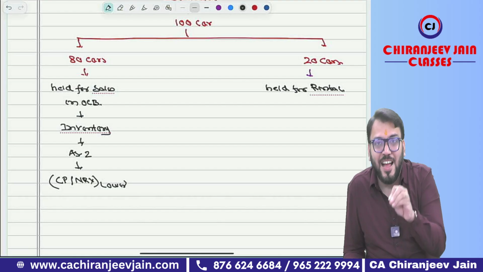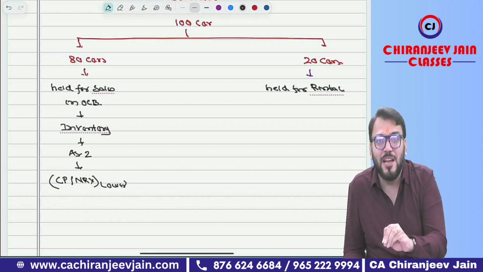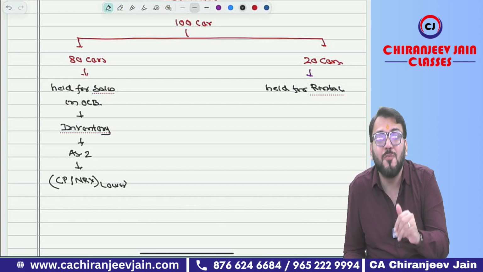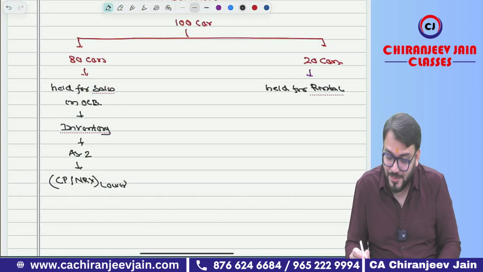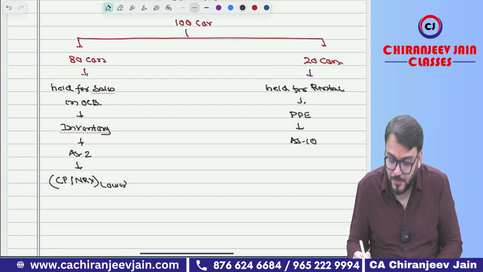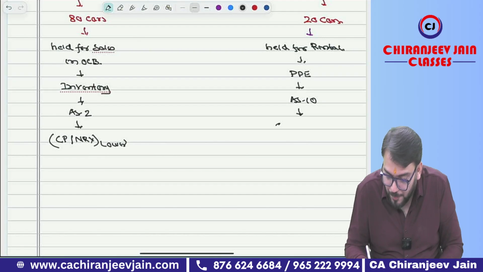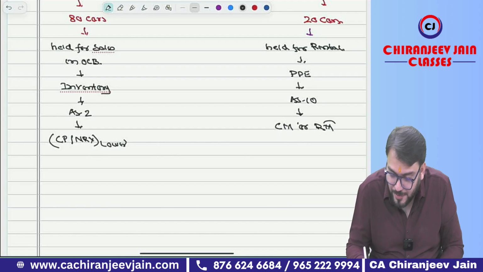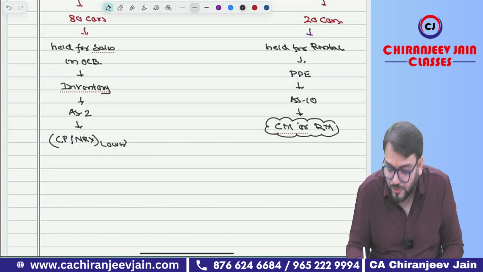Items of PP are tangible items which are held for production, held for supply or held for rental to others. Therefore, because of the definition, it will be classified as PP. AS10 will be applicable, and you can apply either the cost model or the revaluation model as the case may be.